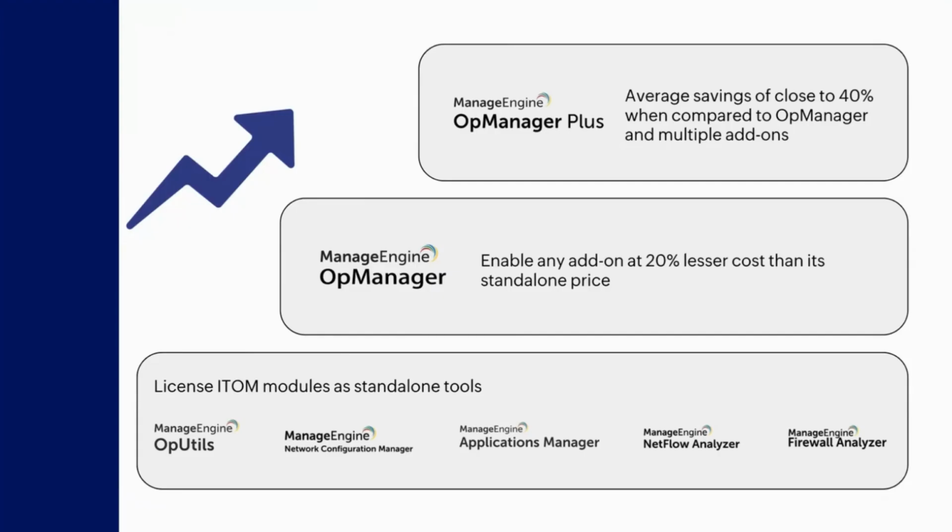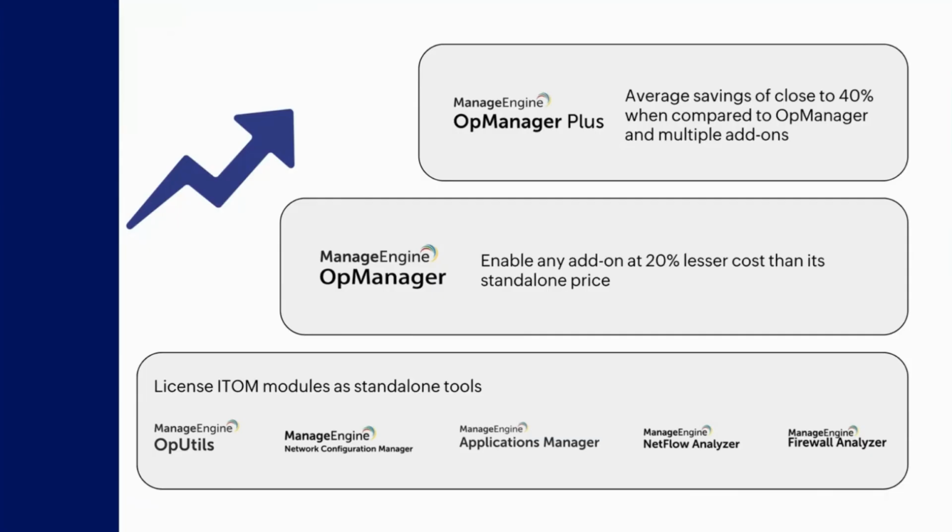It is also a complete suite which can take care of application level monitoring. It can also handle your IP address management, switch port mapper, make sure flow analysis is taken care of and monitored, along with firewall management and network configuration management.